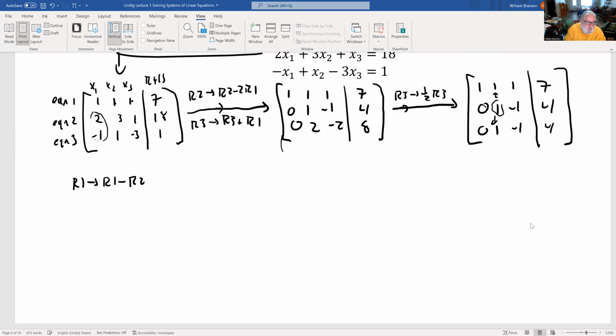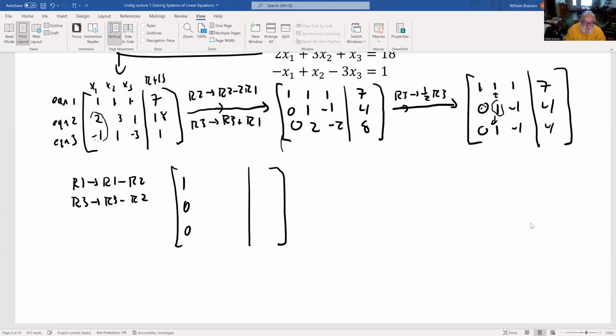I'll take row 3 and replace it with row 3 minus row 2. We usually work left to right, clearing out columns. So I've got this column, 1, 0, 0. Row 1 is going to be row 1 minus row 2, so 1 minus 0 is 1.